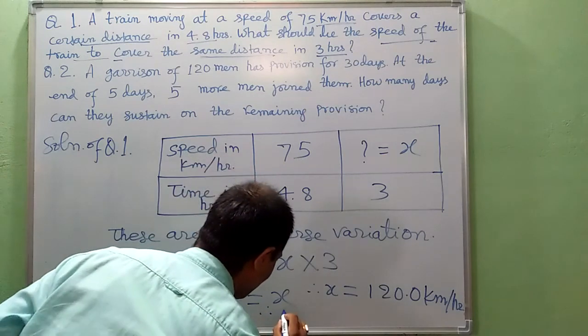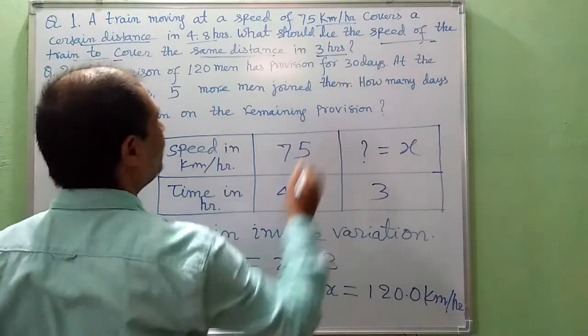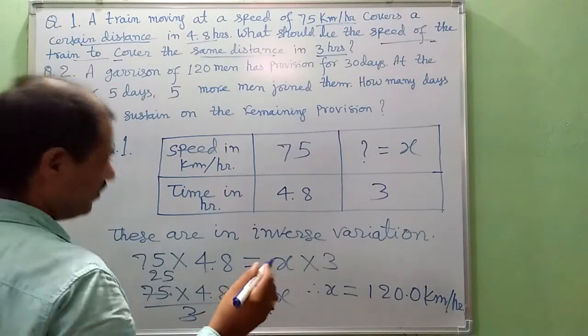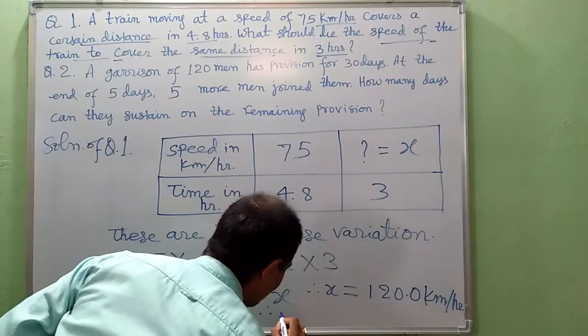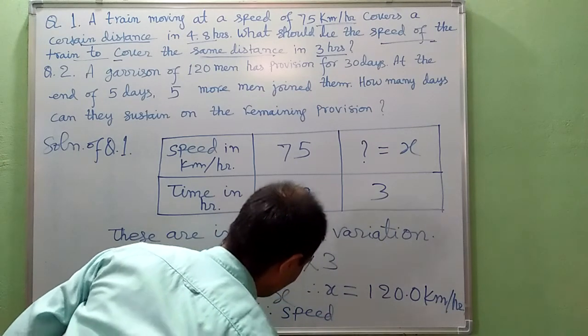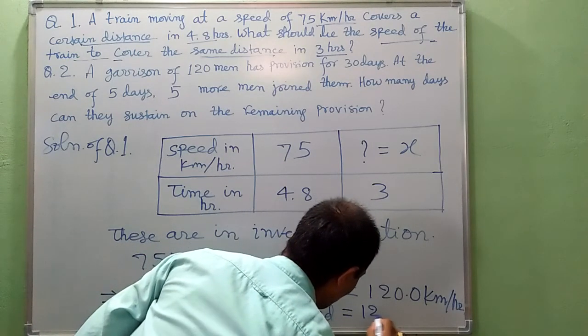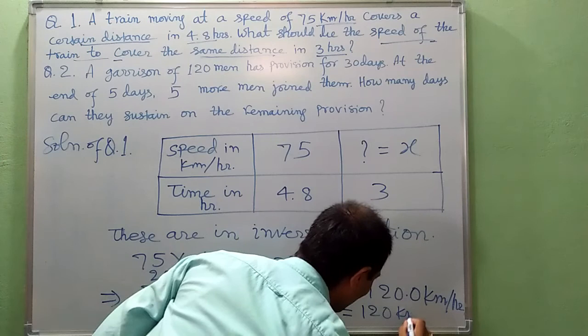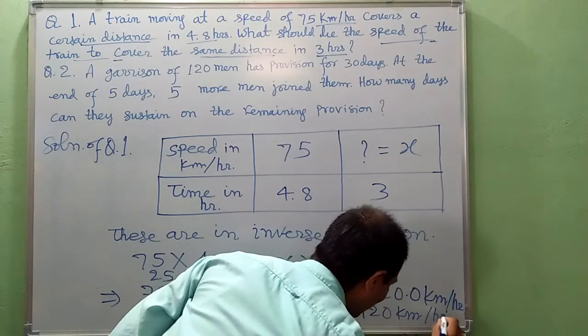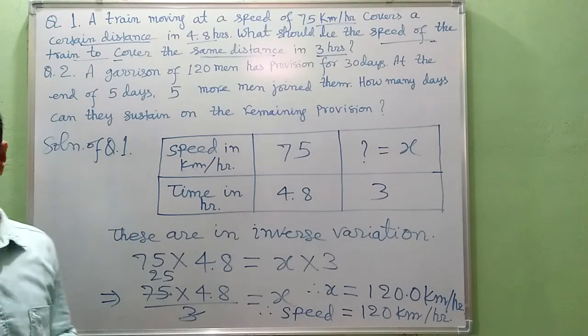Hence, what should be the speed of the train? The required speed of the train is equal to 120 kilometer per hour. This is the solution of the first question.